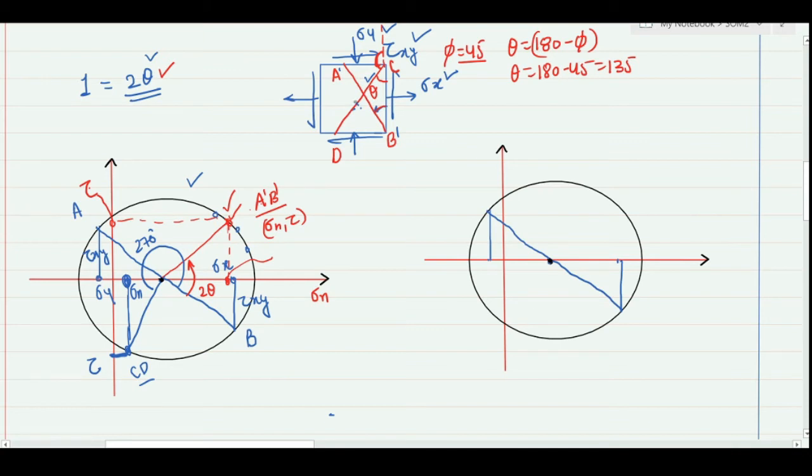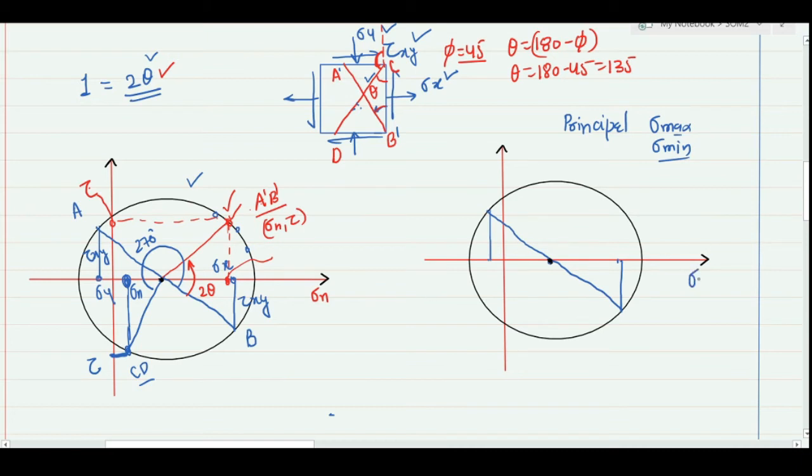Our second job is to find the position of the principal plane as well as the magnitude of the principal stresses. We know that the principal stresses are actually the maximum or minimum normal stress. In the case of the Mohr circle, we try to find which points represent the maximum and minimum normal stress.